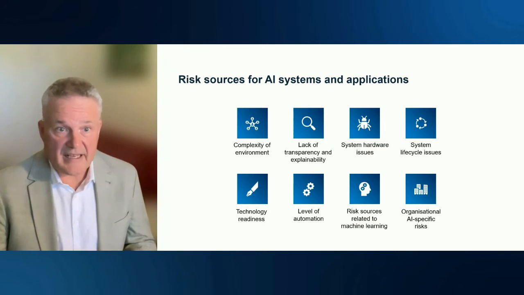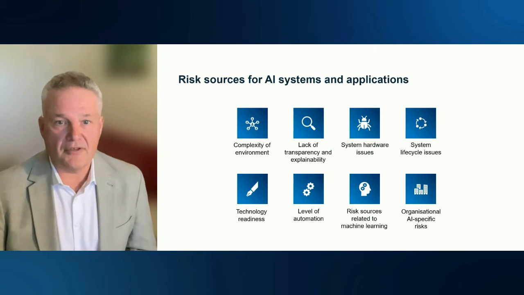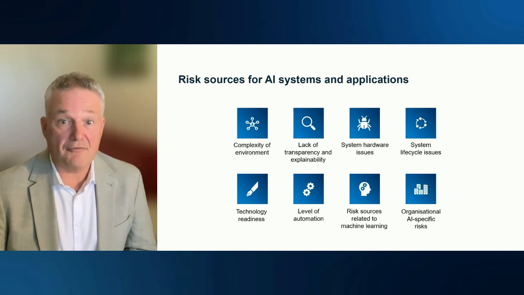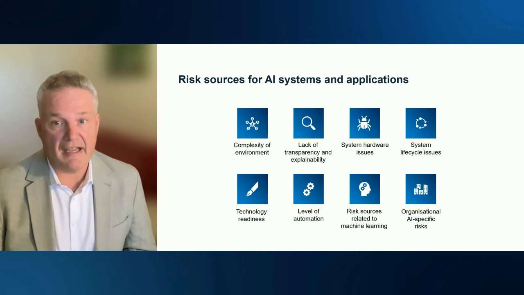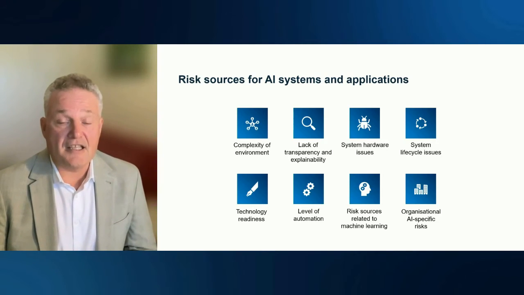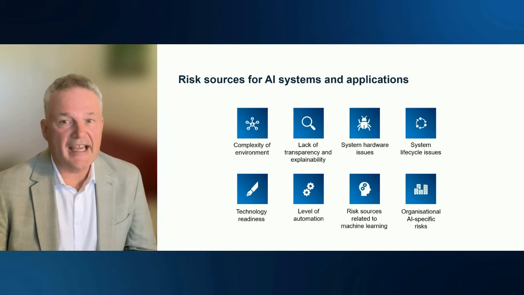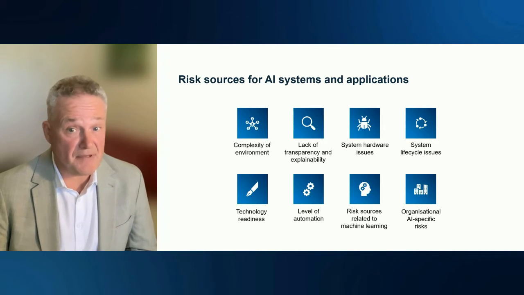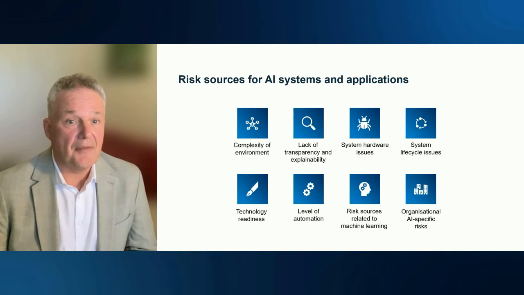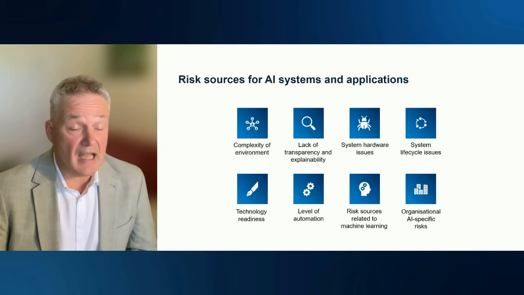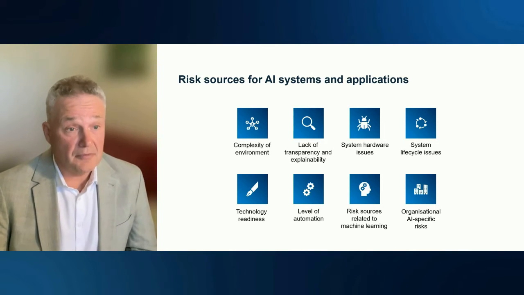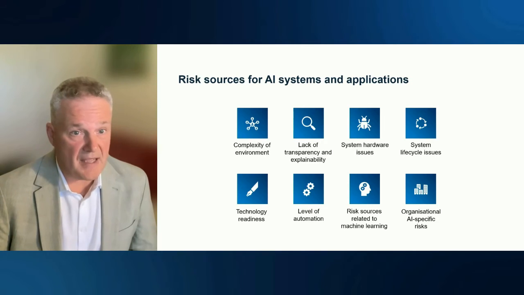So we're still in Annex C, but now we're looking at specific sources of risk for AI systems and AI applications. And it's fair to say that due to the wide variety of systems and applications, it's very difficult to make generic statements here, but there are a couple of things that are identical to many of the systems out there.